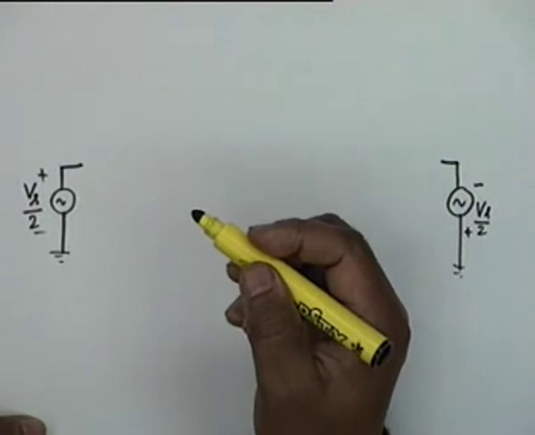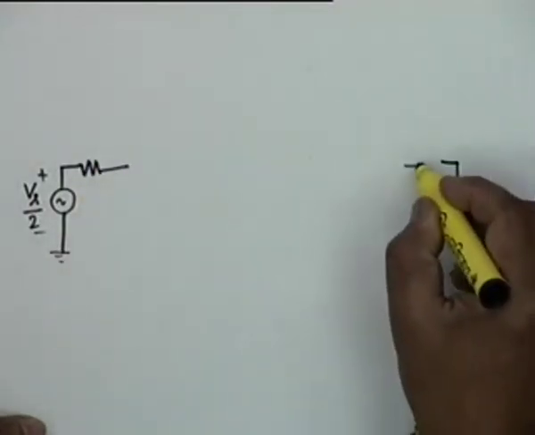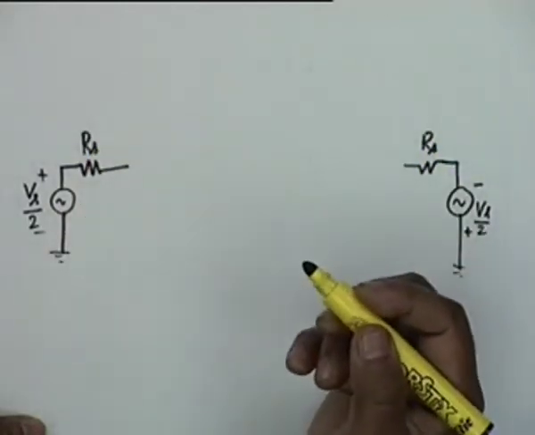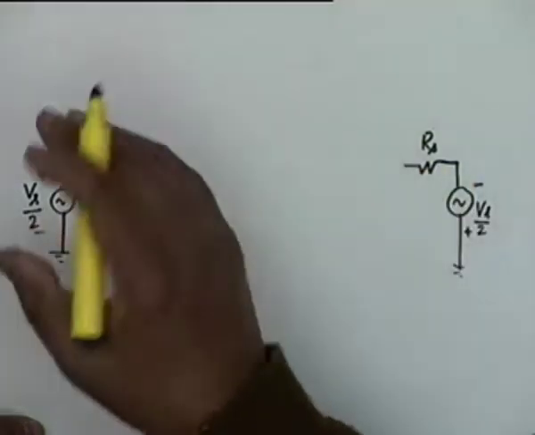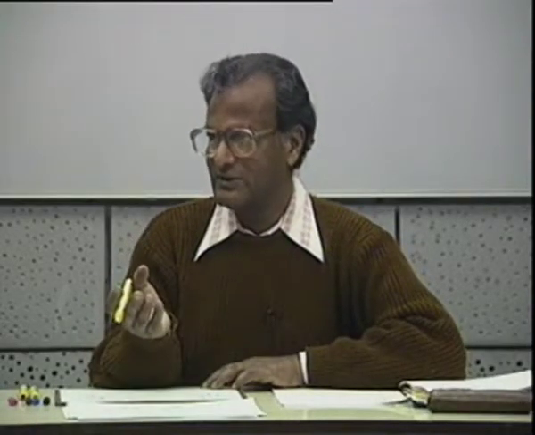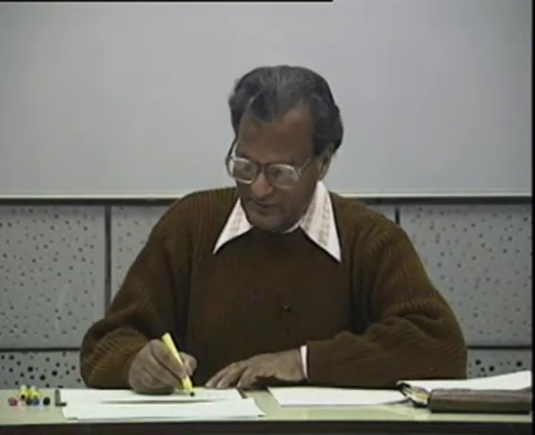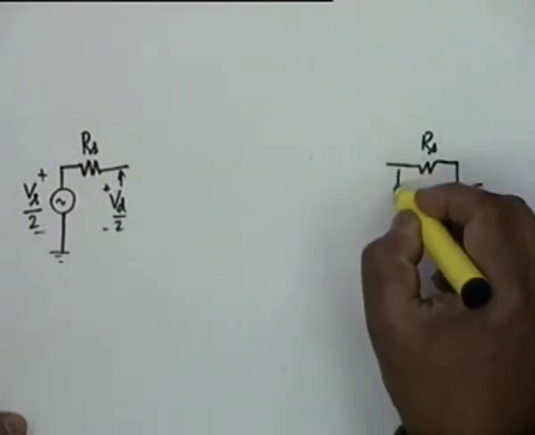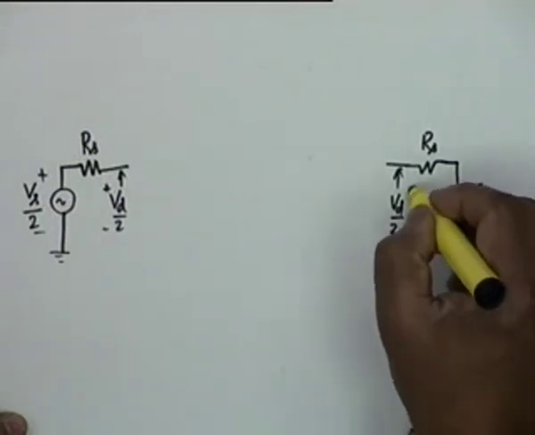Now Vd will be created by Vs by 2 in series with an Rs. They are identical. It is only for the purpose of analysis. In the actual design we will apply the signal only at one terminal. Okay, we may apply to two terminals also, but one terminal suffices. So this voltage is Vd by 2 and this voltage is Vd by 2 in the opposite polarity, plus minus.